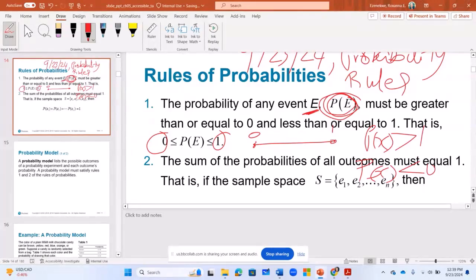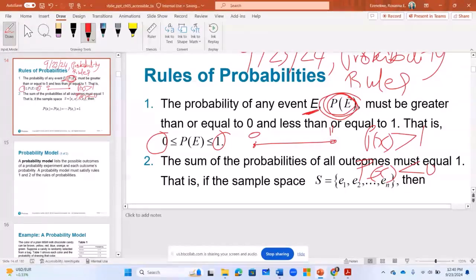Another way of saying that is you cannot get a negative probability. If you do, it's a mathematical fallacy. Also, you cannot get a number greater than 1. Suppose you finish solving a probability problem and you have 1.2. That probability is wrong, it can never be. It's a mathematical fallacy. So probability has to range from 0 to 1.